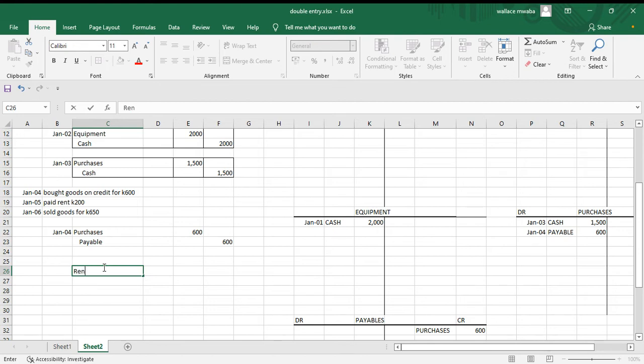That's also another rule you can remember. So debit the rent account 200, and our cash, which is our asset, has decreased. So a decrease in an asset is credited. So it's cash 200.